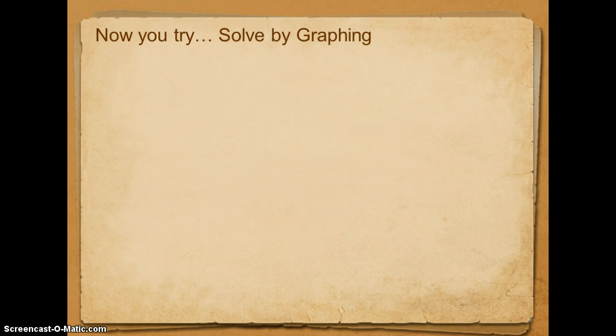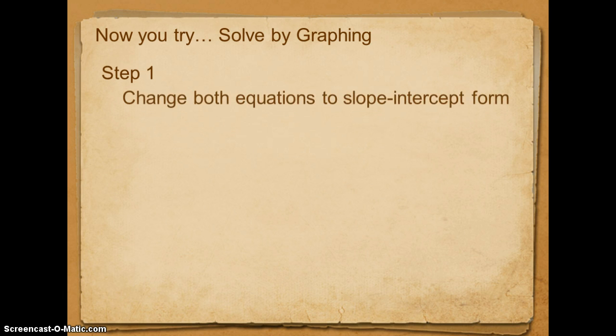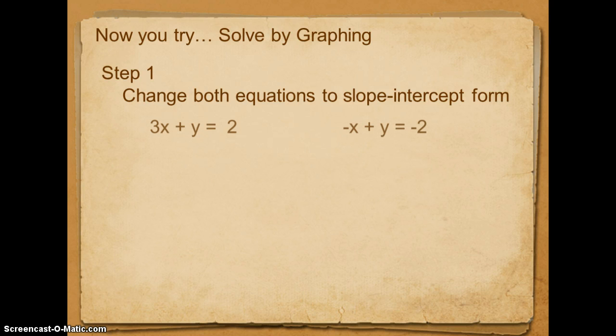Now you try. Solve by graphing. Step 1. Change both equations to slope-intercept form. Now here's two different equations. Go ahead and think to yourself what you would do to the first equation and what you would do to the second equation. Okay, did you say subtract 3x from both sides and add x to both sides on the second equation?